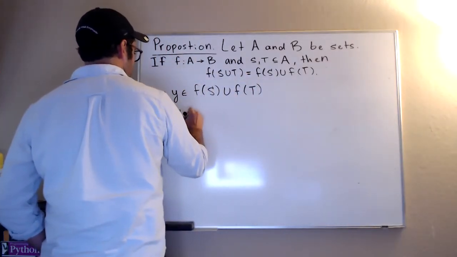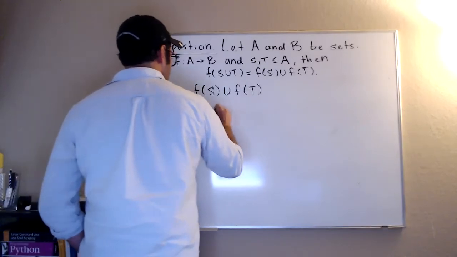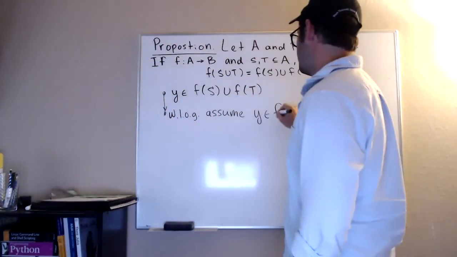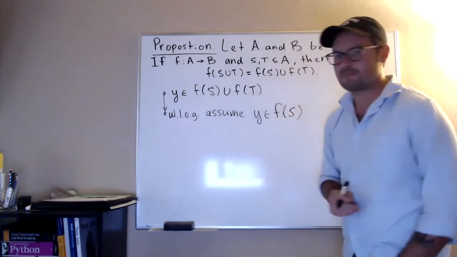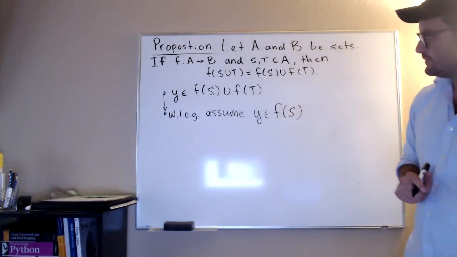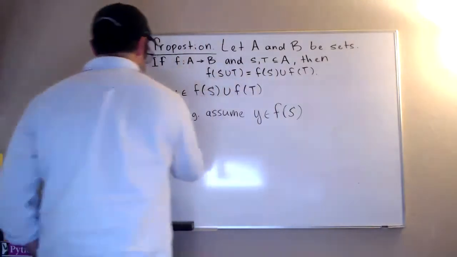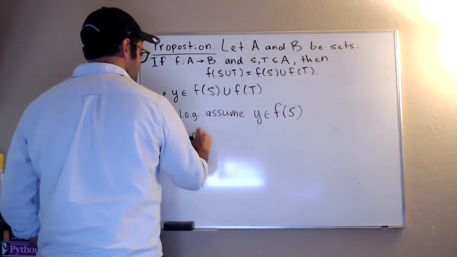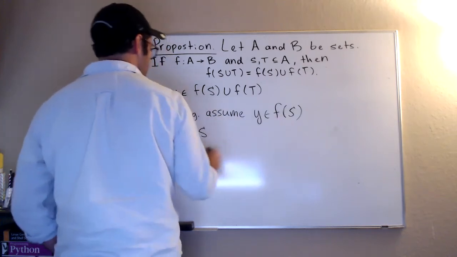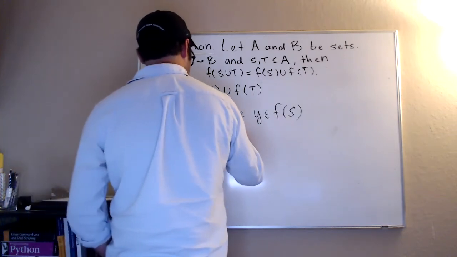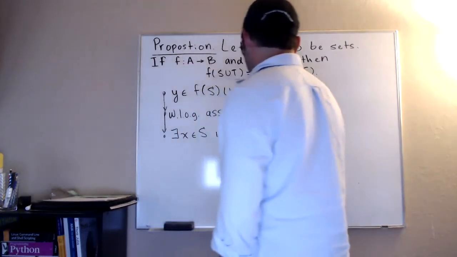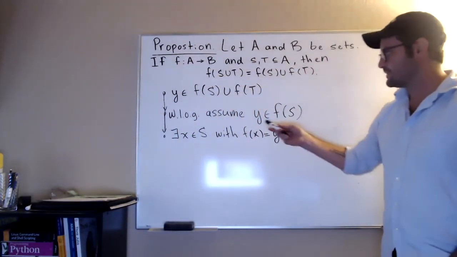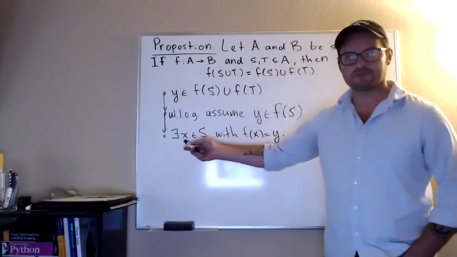So without loss of generality, assume Y is an element of f of S. Then, as before, that means there exists an X which is in S, the pre-image of this, with f of x equal to y. If it's in the image of S, then there is a pre-image over here.